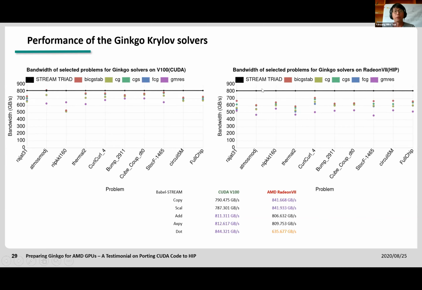But on Radeon VII, we are a little far away from the practical bandwidth, so it's a little slower. It's maybe because we use a lot of dot products in our kernel, and the dot product in the benchmark is shown as slower than on CUDA V100. It's maybe because Radeon VII gives lower double performance, or because of the implementation; we did not dig into the AMD implementation.